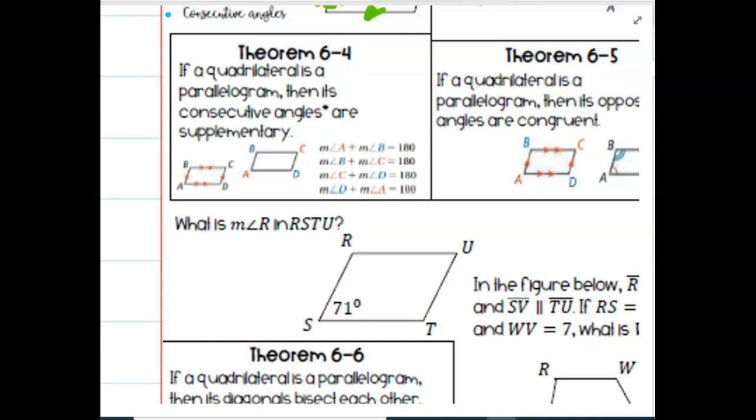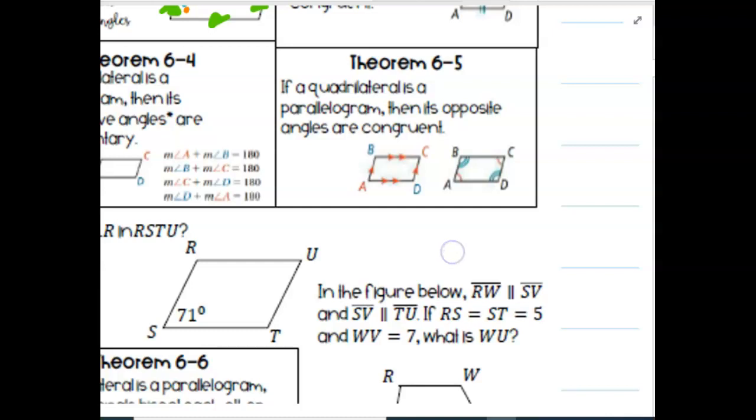Any pairs of consecutive angles are supplementary. That's going to be really useful for some of the things we do today. And then the last one up here talks about the opposite angles. So either the top left and bottom right, or the top right and bottom left. Opposite angles in a parallelogram are congruent. So consecutive angles are supplementary.